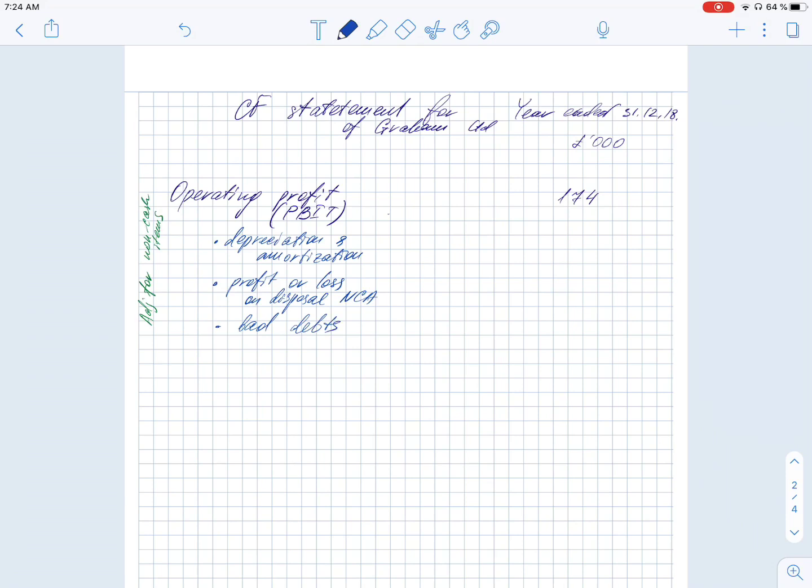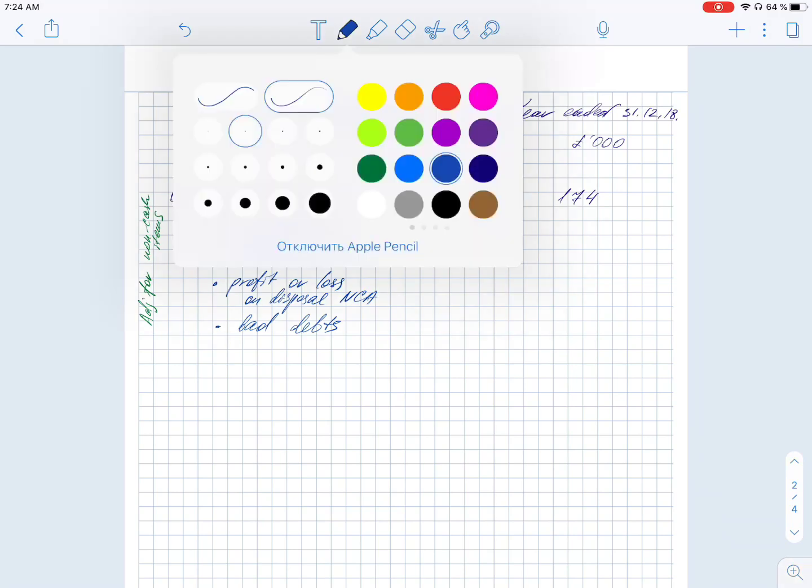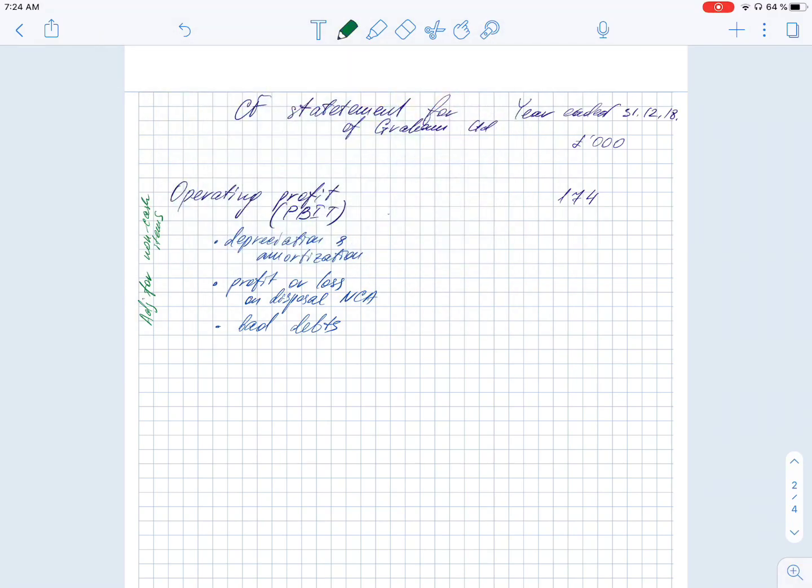Once we have adjusted cash flow statement for non-cash items, we have to adjust for changes in working capital. So I will change the color one more time and state it here. So we have to adjust for changes in working capital.